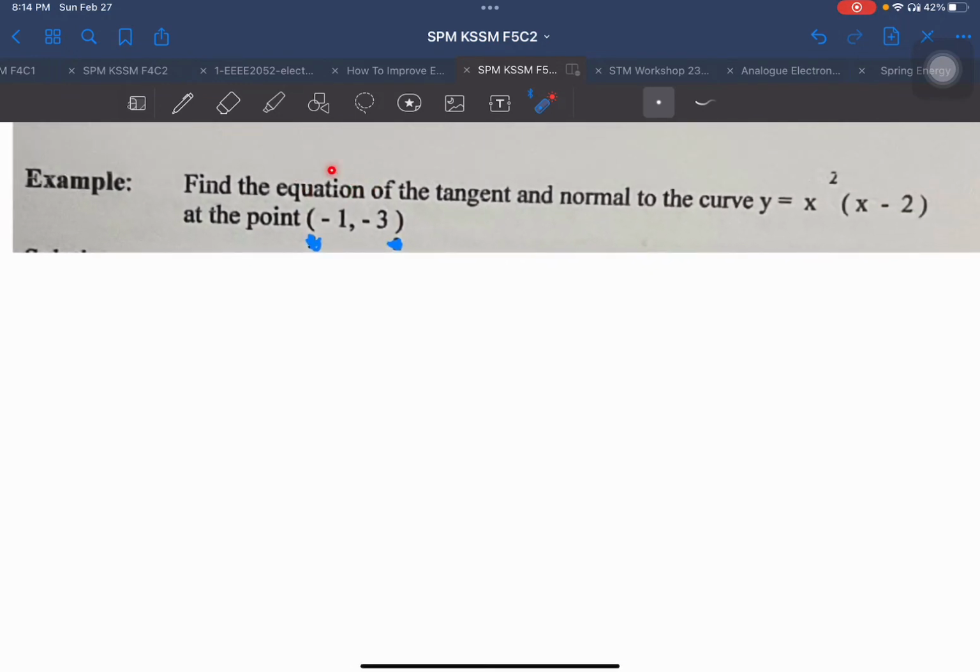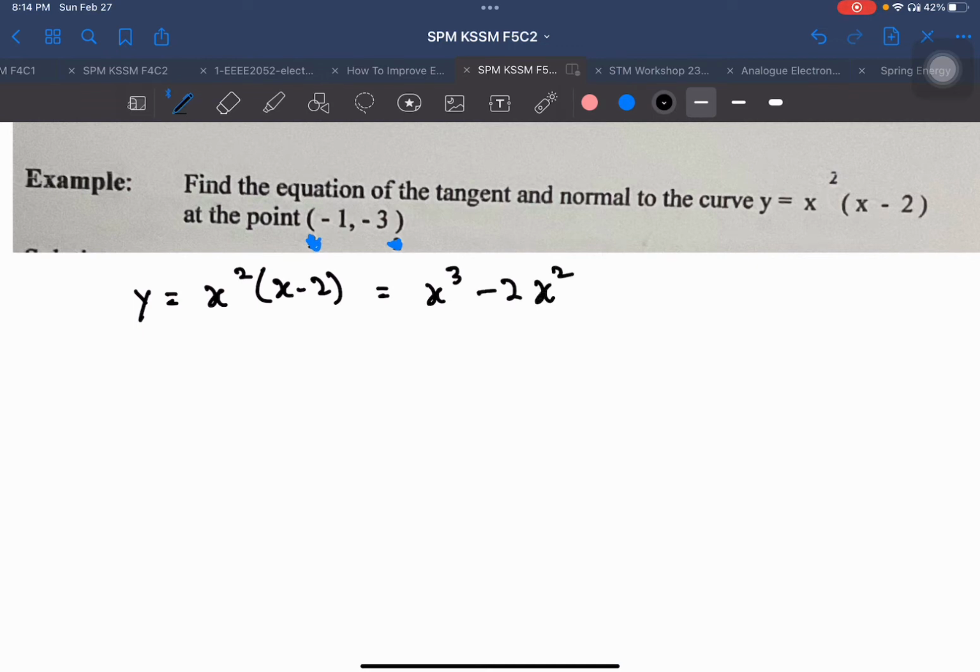Find the equation of tangent and normal to the curve y equals x squared times (x minus 2) at the point (negative 1, negative 3). First of all, you have y in terms of x. Expanding, this is actually x cubed minus 2x squared.